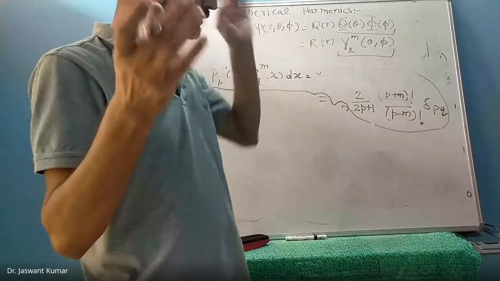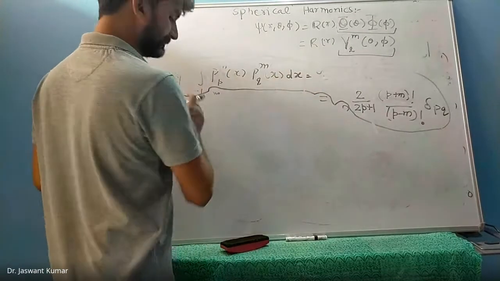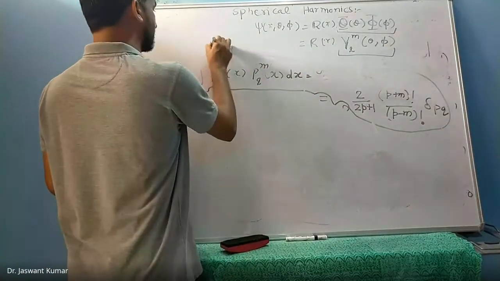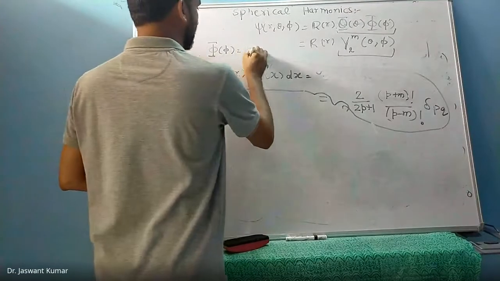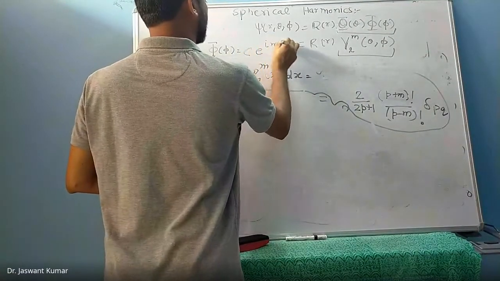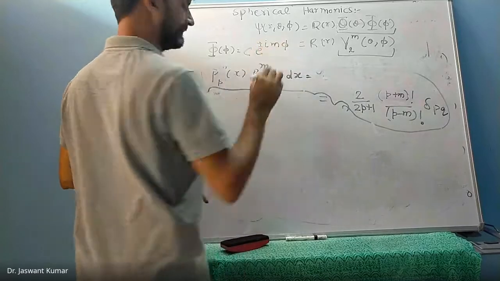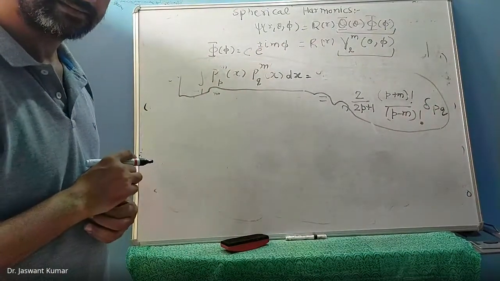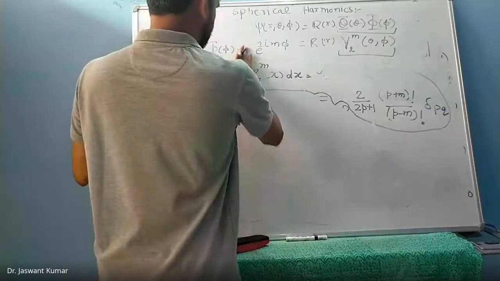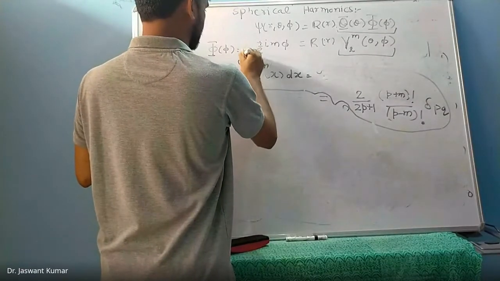Is someone awake enough to tell me what the solution of capital Phi of phi was? Exponential iota m phi. Some constant times exponential plus or minus iota m phi. And on proper normalization, that comes out to be 1 by square root of 2 pi.